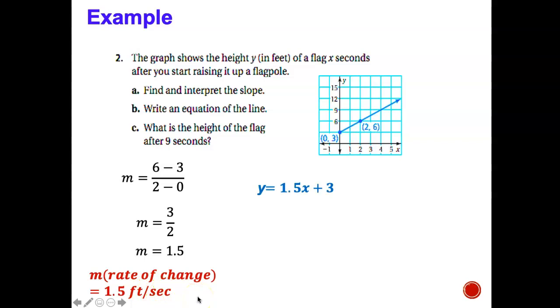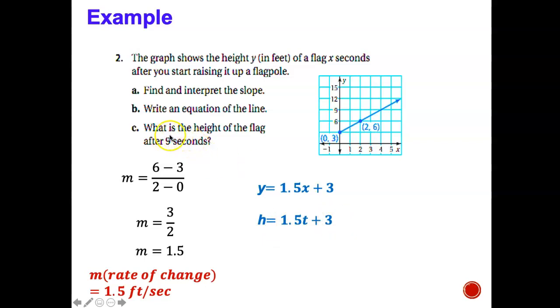Now we can build the equation. y is equal to 1.5x plus 3. If I replace the variables using the real-life description, y is the height and x is the time in seconds, so H is equal to 1.5t plus 3.